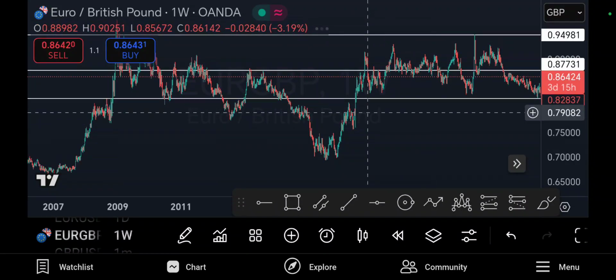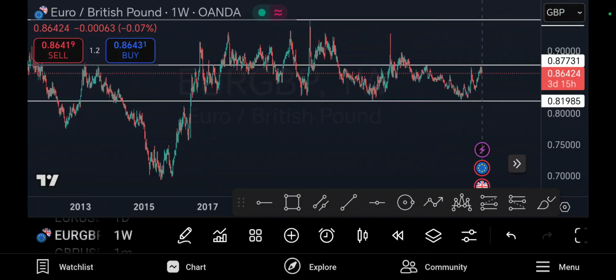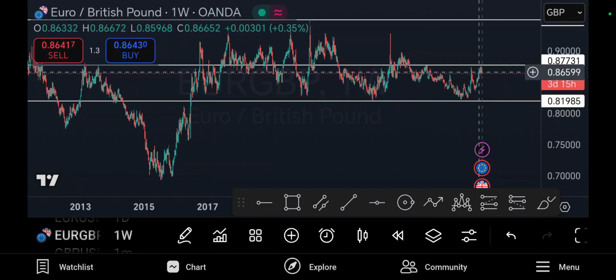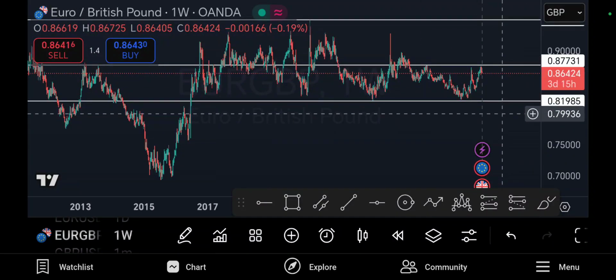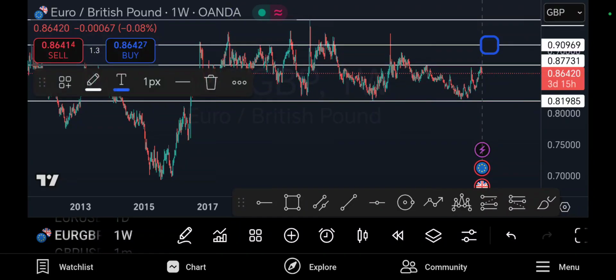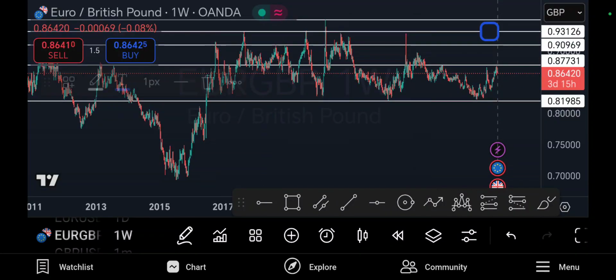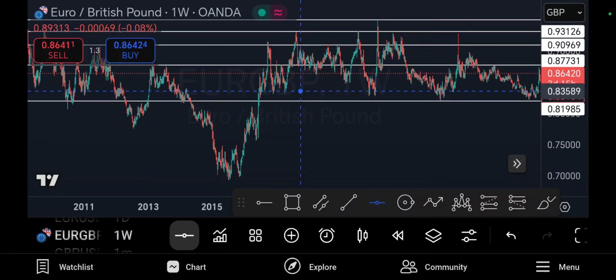See, it was this key zone. So now the market is there. So from this alone, we can expect ourselves to come in as well, from Euro GBP.